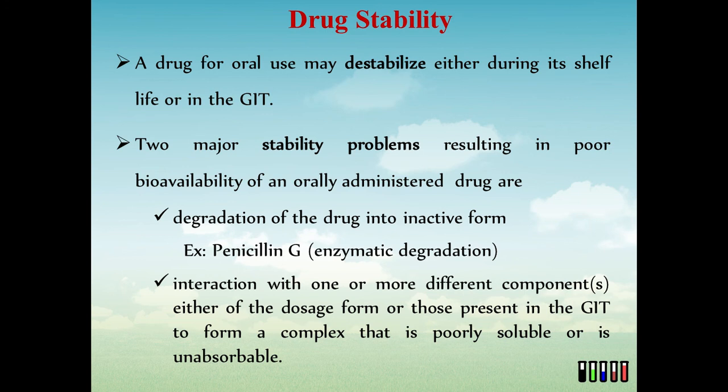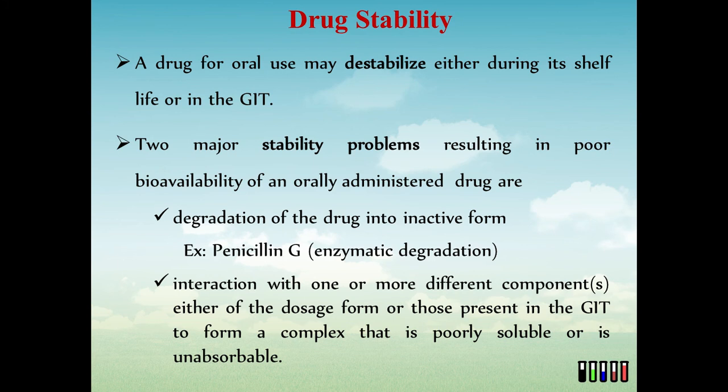When we are using a drug for oral use, it may get destabilized while we are storing our drug, or whenever we are taking our drug in gastric acid or in the GIT. When it comes in contact with gastric fluids, it may get unstable. That's why stability will also play a vital role.